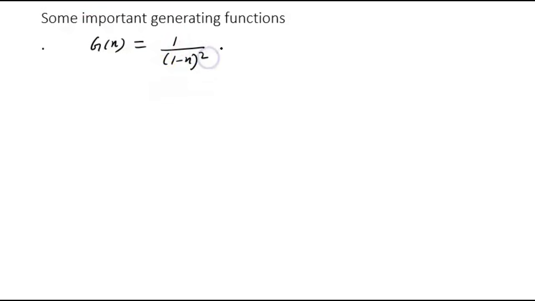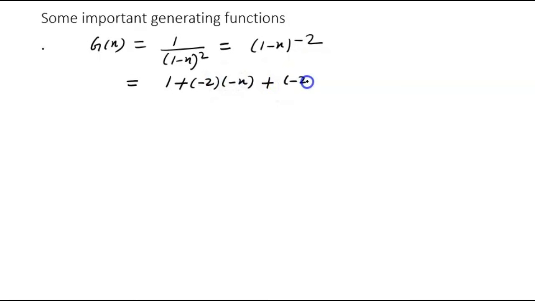So if I have to write its expansion, I will write (1 − x)^(−2). Using the previous concept, here the n is minus 2. So I will write 1 plus (−2) into (−x), right? What is the next term?